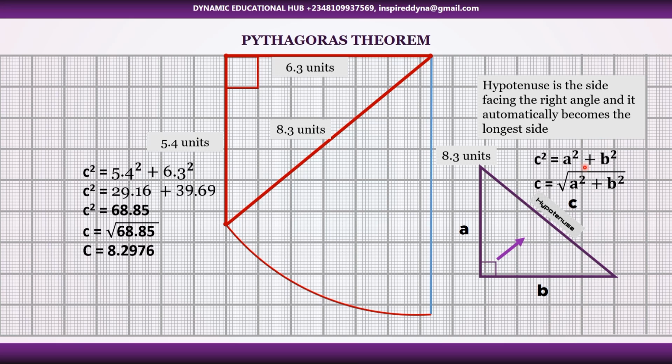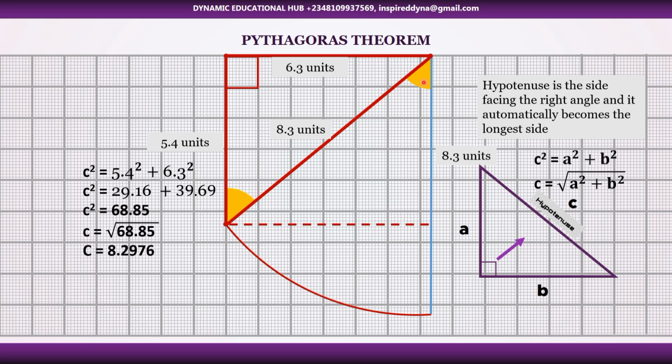Lastly, let's look at another approach. Since here to here we've known it, which is 6.3, and we have an angle here, the angle between this hypotenuse and this vertical line, it's going to be the same as the angle here, because we have alternate angles.